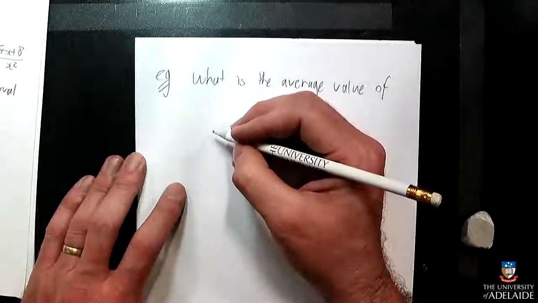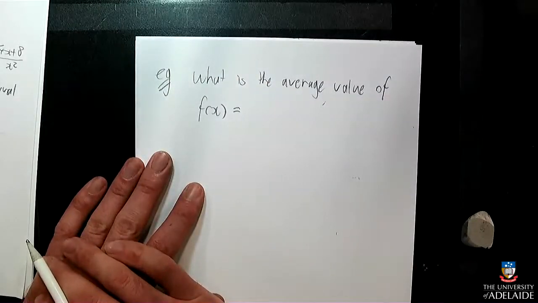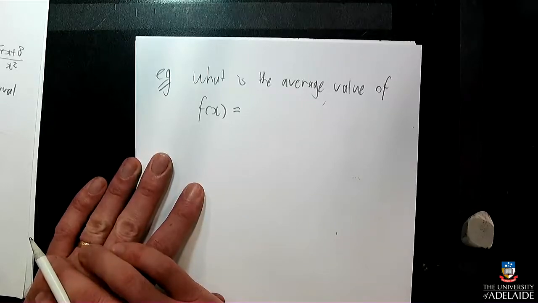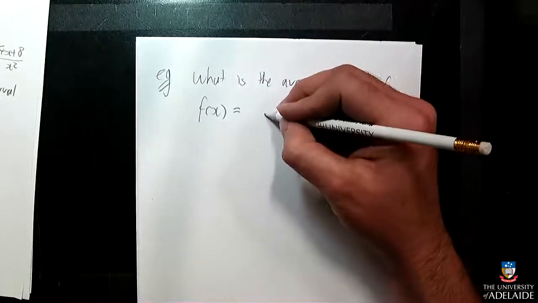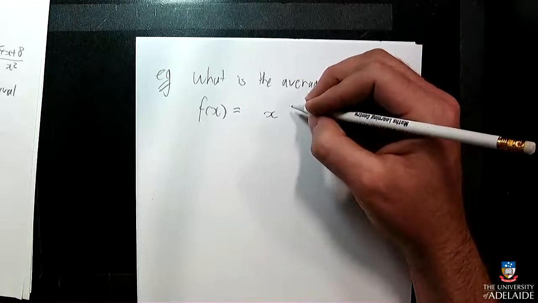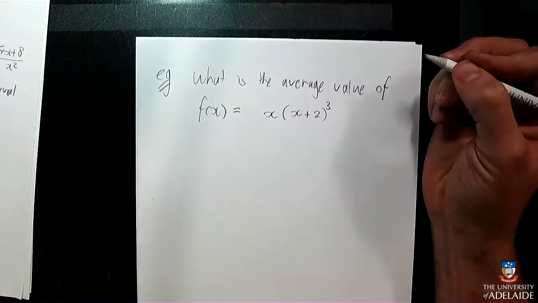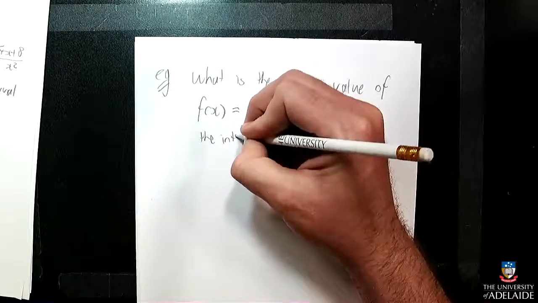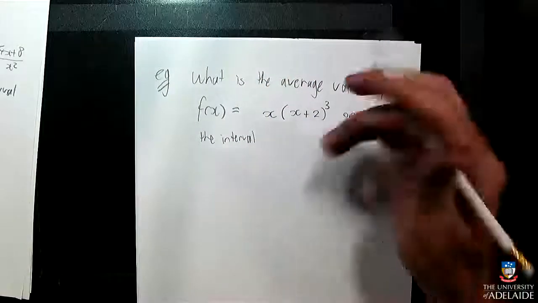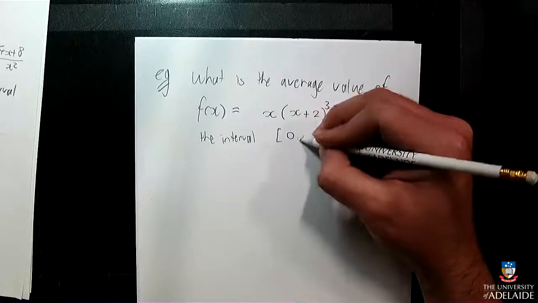What is the average value of f of x, which is going to be equal to x times x plus 2 cubed, on the interval from, let's say, 0 to 5.